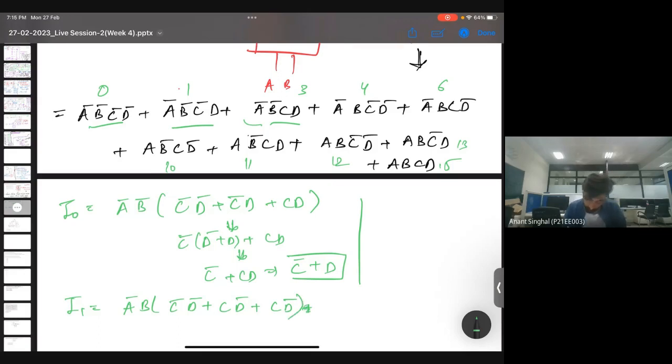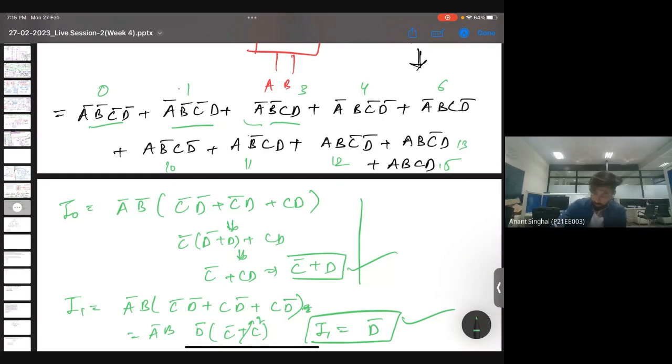If I try to take maybe D bar common from this, so it will be C bar plus C, and this will be 1. So I1 will be nothing but D bar. Is it clear? These two? Please respond if it is not clear or clear.